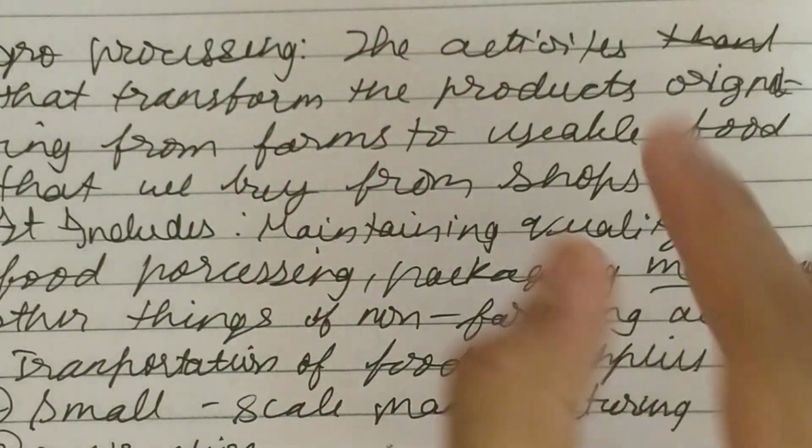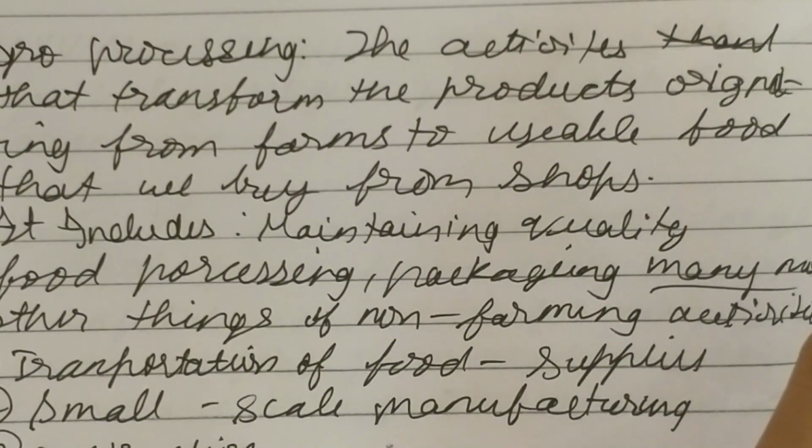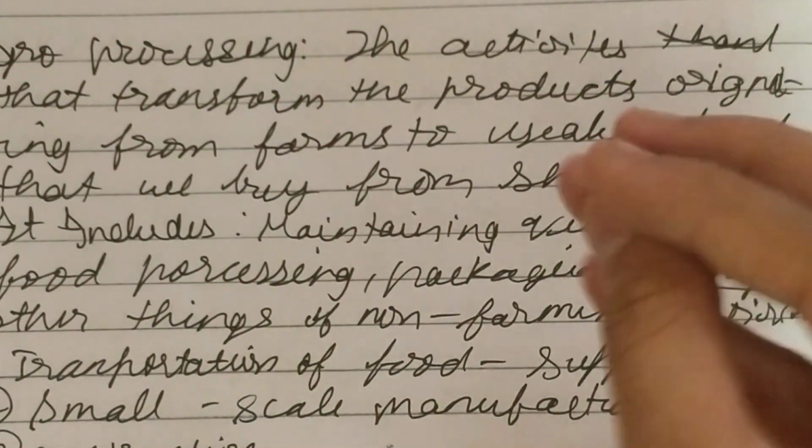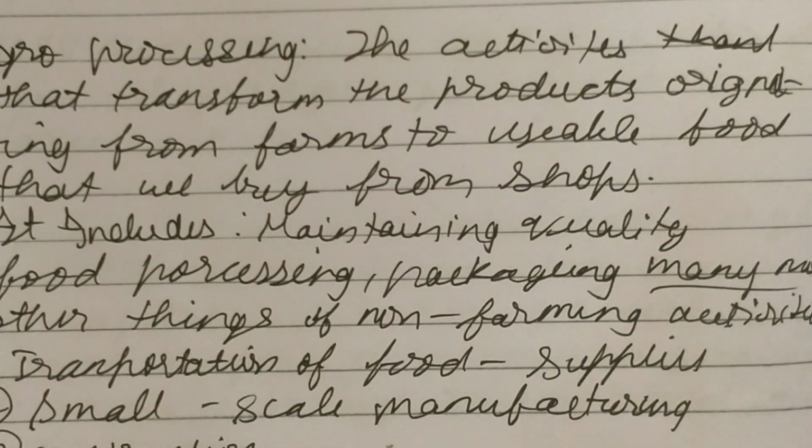So the activities that transform a product from farms to usable products that we buy from the shops are called agro processing. It includes maintaining the quality of the product, processing of food, packaging, and many more things. This is also a non-farming activity.